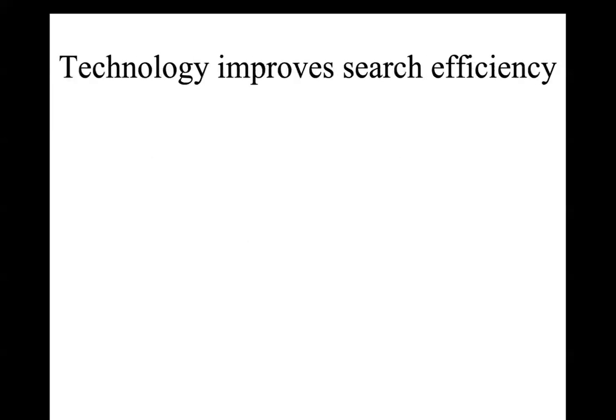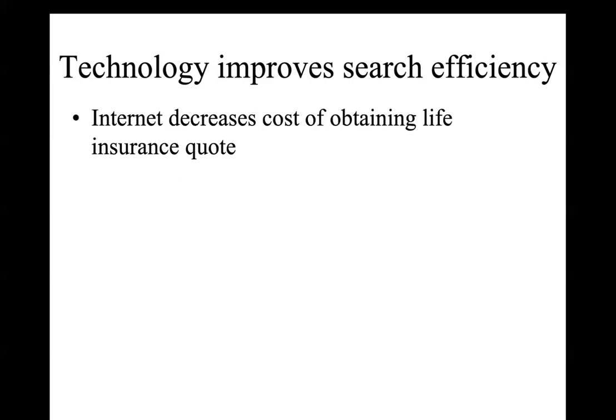Now, we know that technology improves information availability and also our ability to access that information for more informed decisions. Side note, technology also creates an opportunity for more low quality information to be available to consumers. And so information can be a double-edged sword if we can't distinguish between good information and bad information.